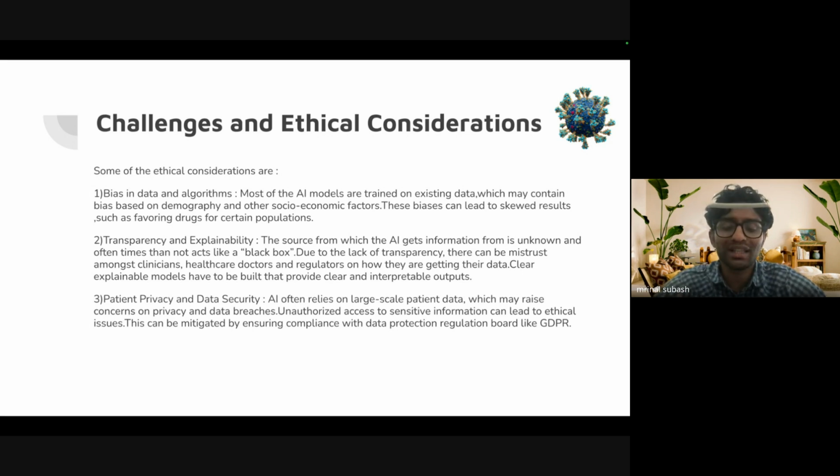So when we are using that, we are using it at the expense of the patient's privacy. Certain patients would not want to reveal their diseases or anything, but the AI might have extracted information related to that patient. So we are breaching a patient's privacy and code of conduct.